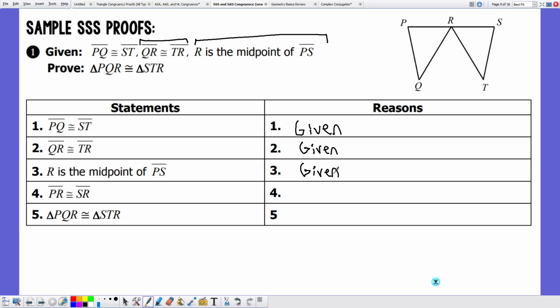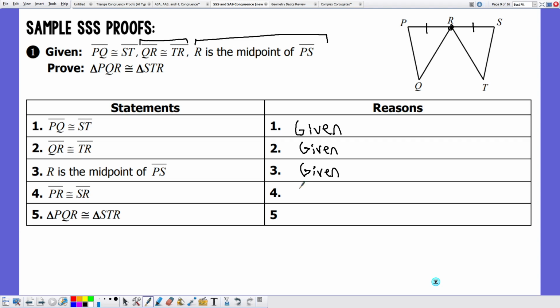Now I have to establish that PR is congruent with SR. Well, if we look, PR here is congruent with SR here. That follows directly from the fact that R is the midpoint. If R is the midpoint, it's splitting PS in half, thus creating two congruent parts.